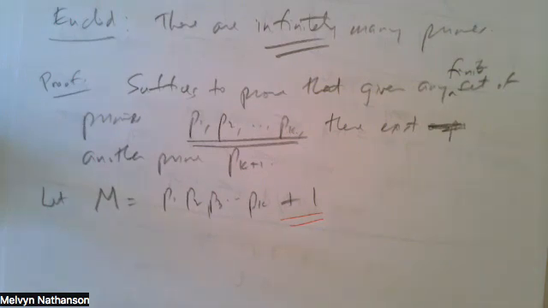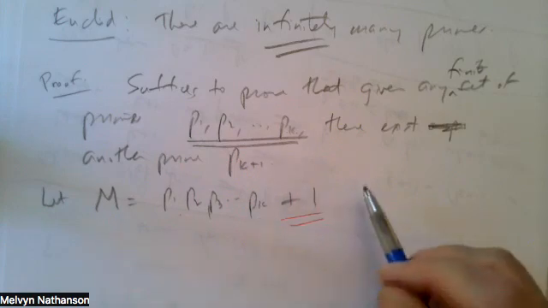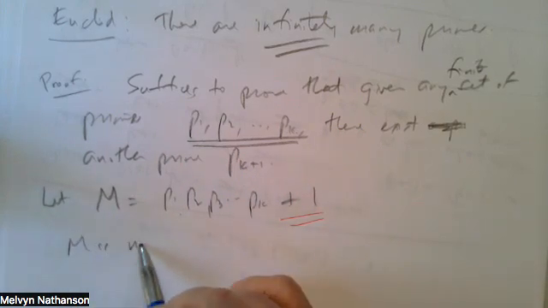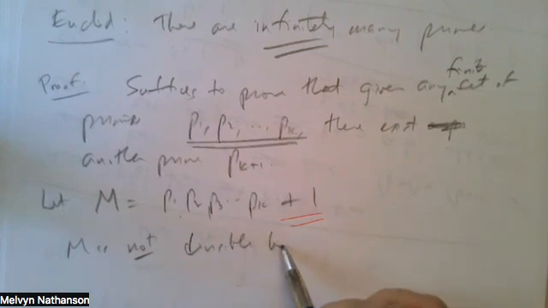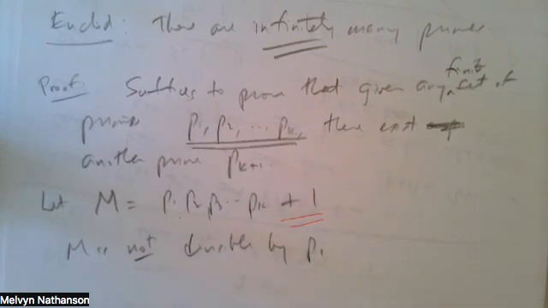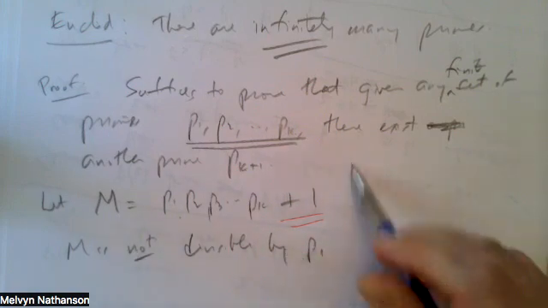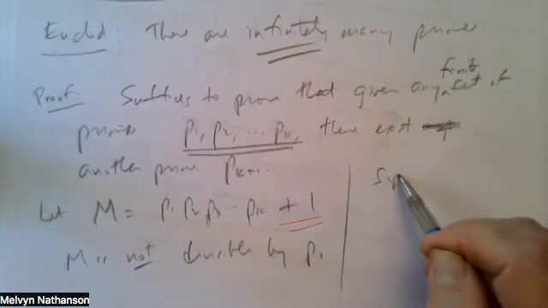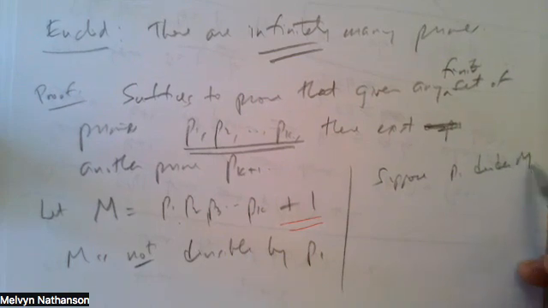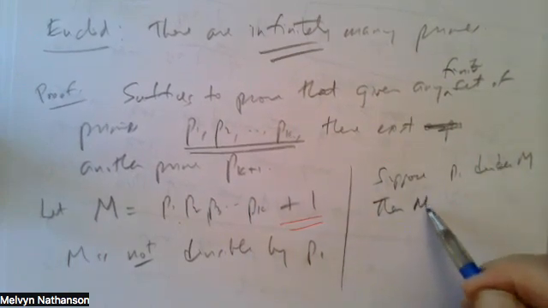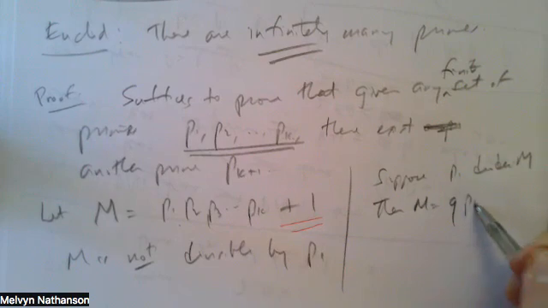Now, this number m is not divisible by the prime p1, for example. Let me just write this down explicitly. Suppose p1 divides m. That means that m is some quotient q times p1.